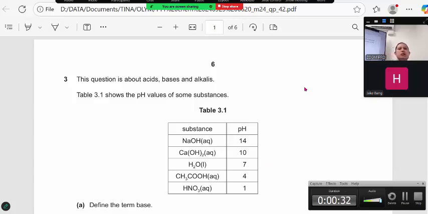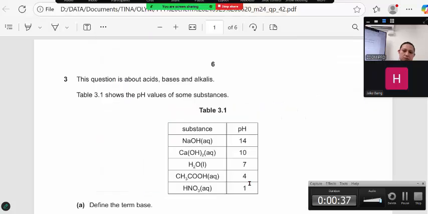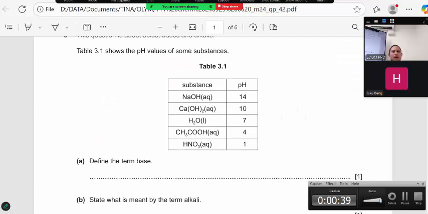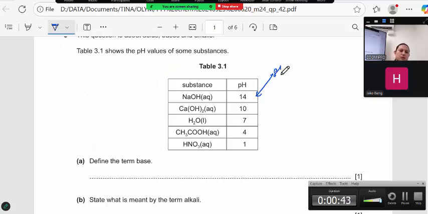So when you look at this, this is a strong base. This is not as strong as this. Can you see that? This is of course neutral, but this too is the one you need to know. This is a weak acid, and this is a strong acid.